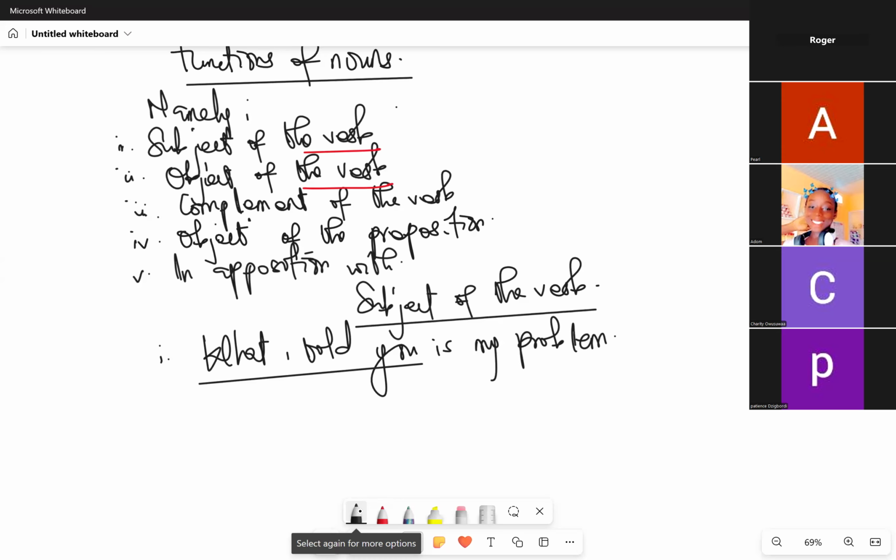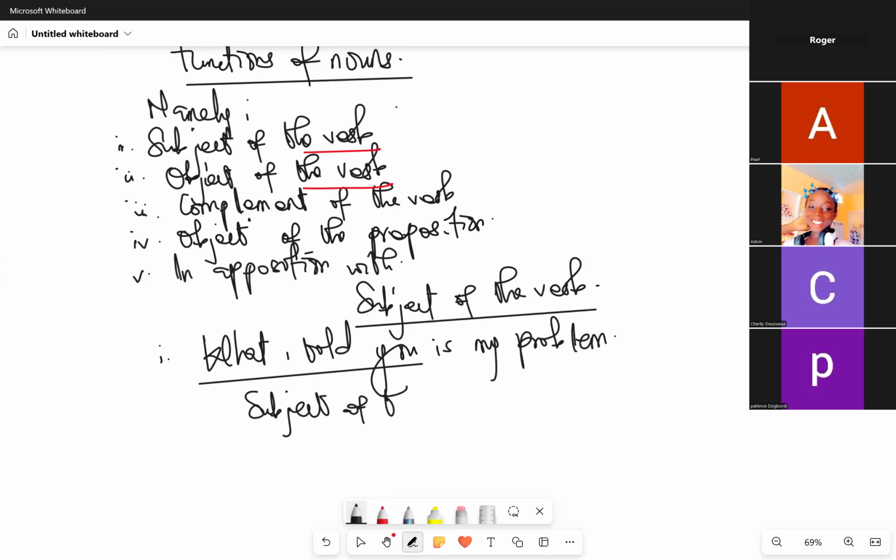Now, usually when your underlined word is coming before is, it acts as a subject. Got it? So this becomes subject of the verb is. Don't add any more words, just go straight to the point.